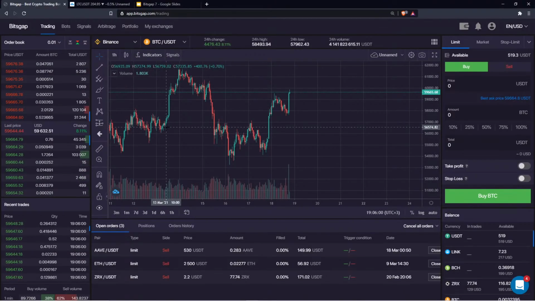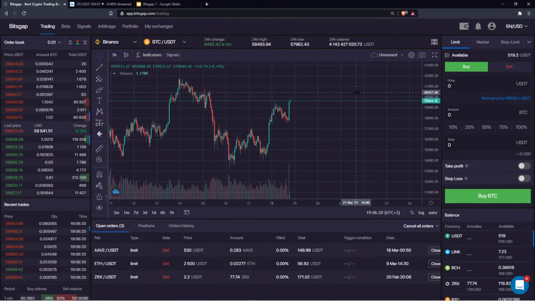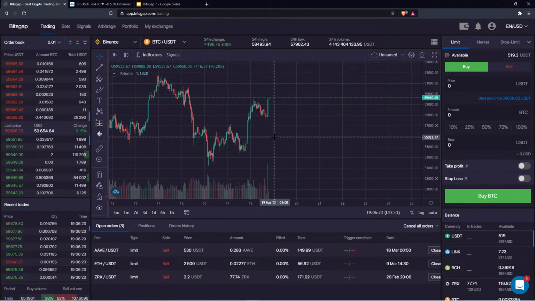I will show you some tips and tricks related to 3 indicators, which are the moving average, the RSI, and the volume profile, which is a bit sophisticated, but I will explain to you the major tips of this volume profile so that it's going to be easy for you to understand how to use it. So anyway, this is your chart layout, and on the right side you have the decision making board. This is where actually the magic happens.